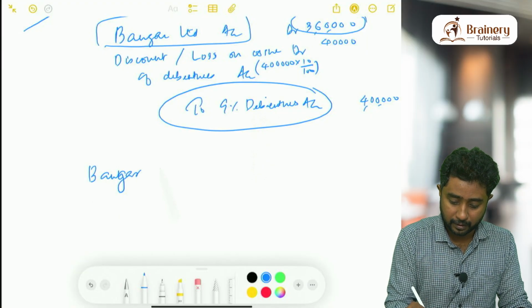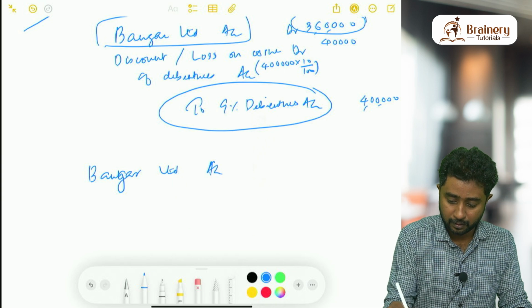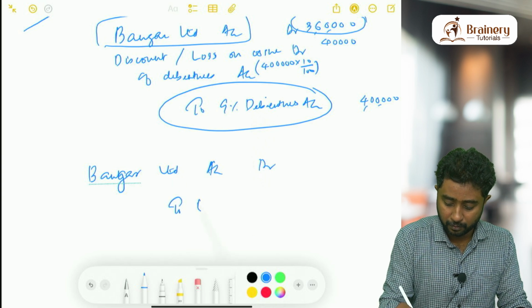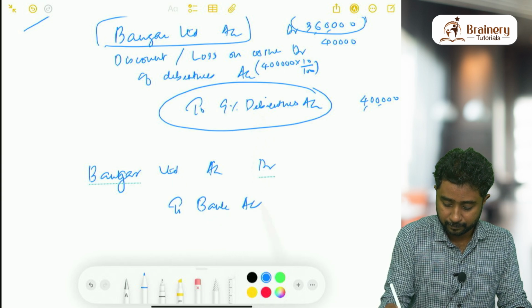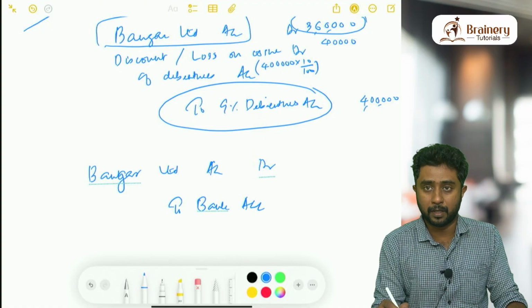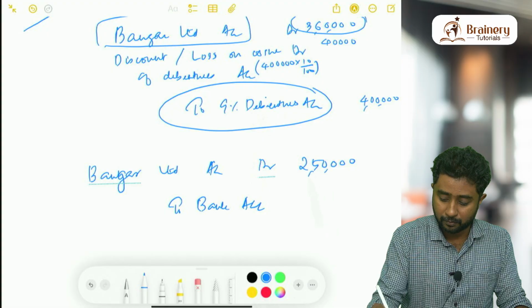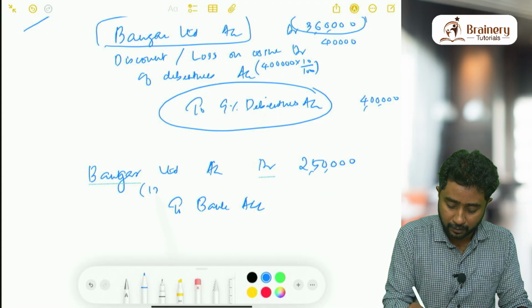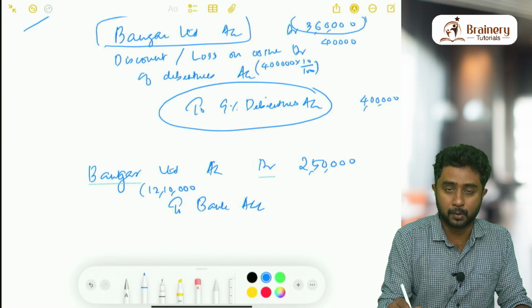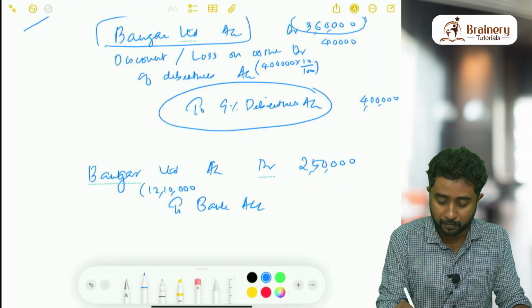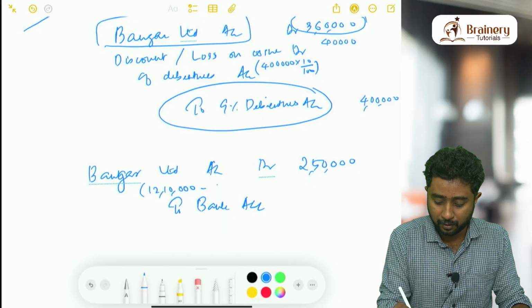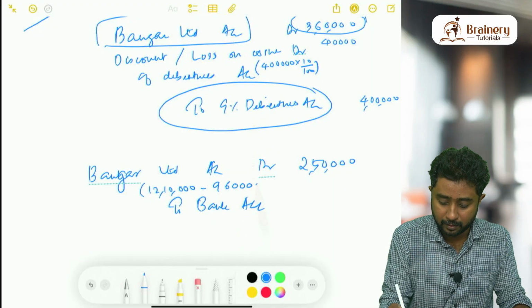So we are writing again Bengal Limited account debit to bank account. How much we have to write? 2,50,000. Why 2,50,000? This is the difference between 12,10,000, which is the total purchase consideration which we have to pay to Bengal Limited, minus so far we have paid 9,60,000.